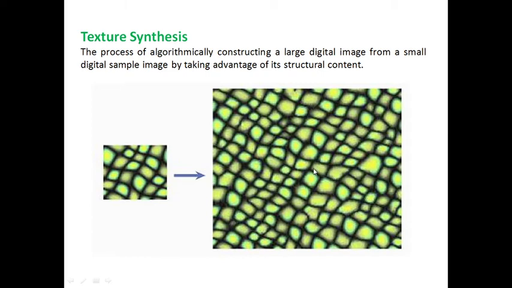This is nothing but texture synthesis. That is, it is the process of algorithmically constructing a large digital image from a small digital sample image by taking advantage of its structural content. So by this structural content, I am able to produce a larger structure here. So this is texture synthesis.